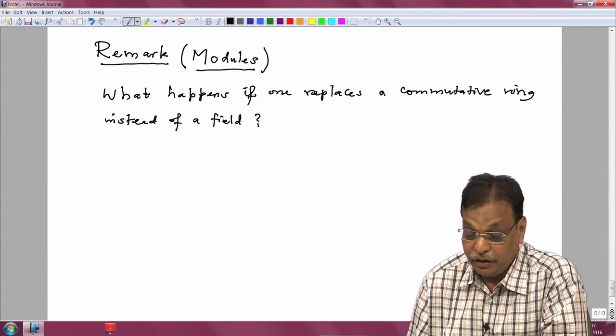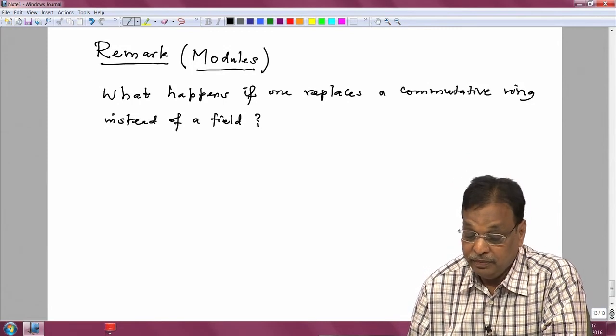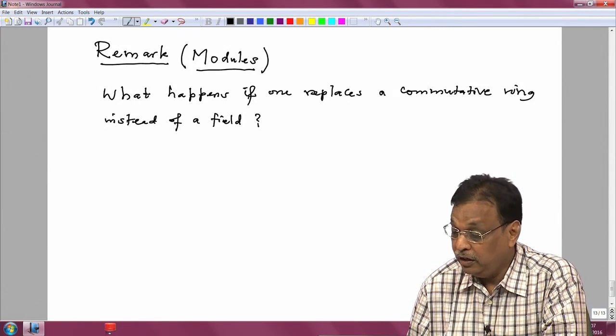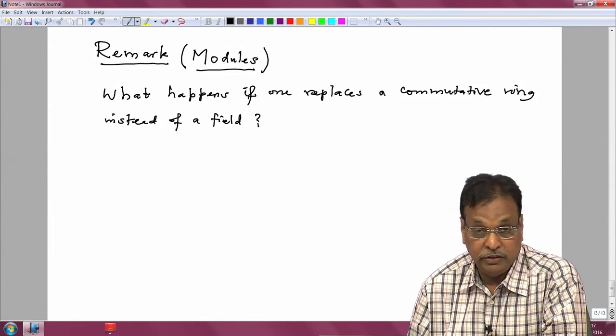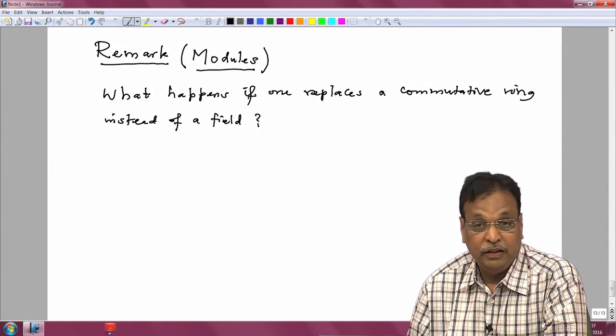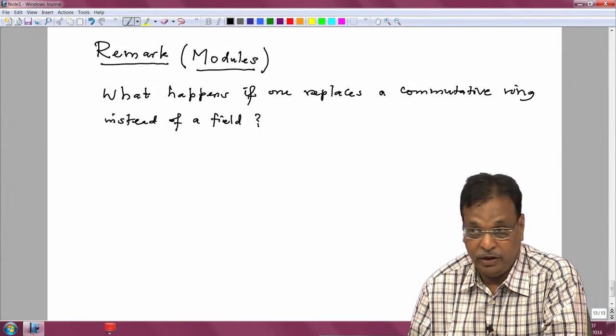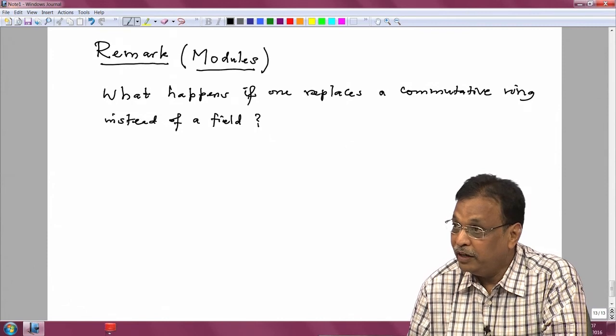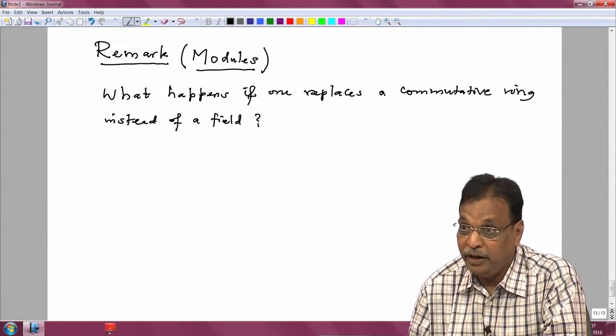Well, obviously the study will become more complicated, because in a commutative ring non-zero elements need not have inverses. So in particular, when you want to study linear equations, we cannot simplify by cancelling elements, dividing by them and so on.